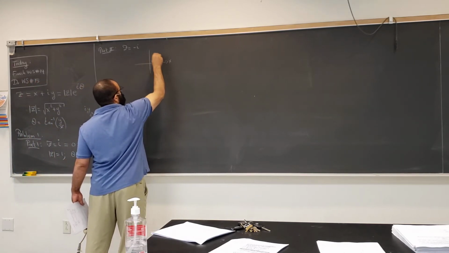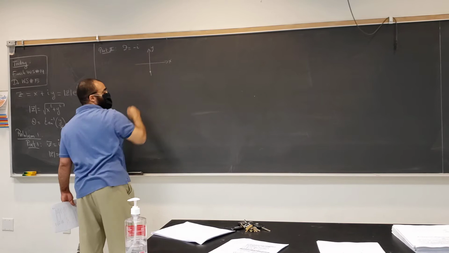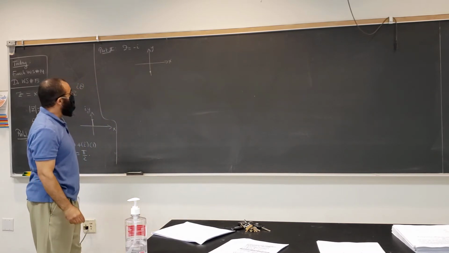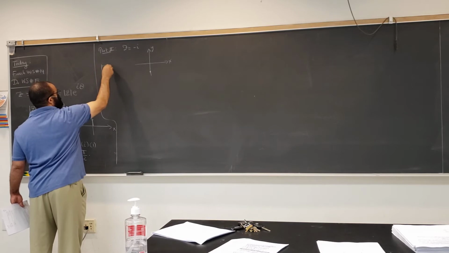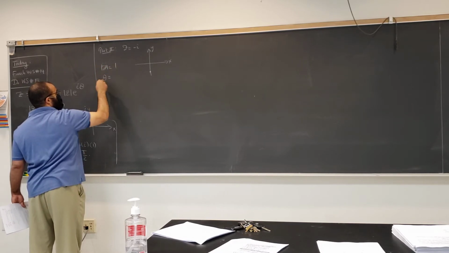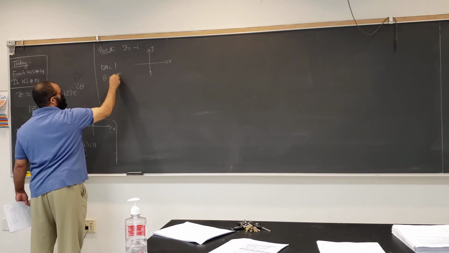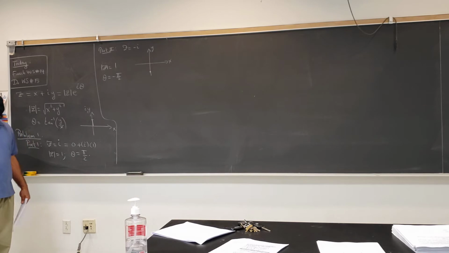Here's x, here's iy. It's here, right? That's where minus i is. So what's the size of z? 1. And what's the angle? Minus pi over 2.